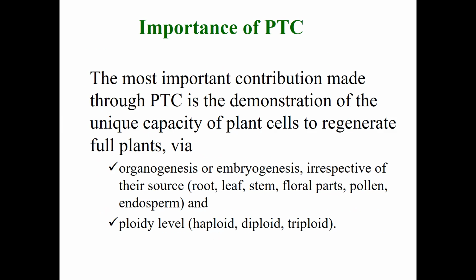Haploid, diploid, triploid, any level of ploidy. When you do the tissue culture, the seedling you develop through the micropropagation remains at the same level of ploidy. You are just making the copy.